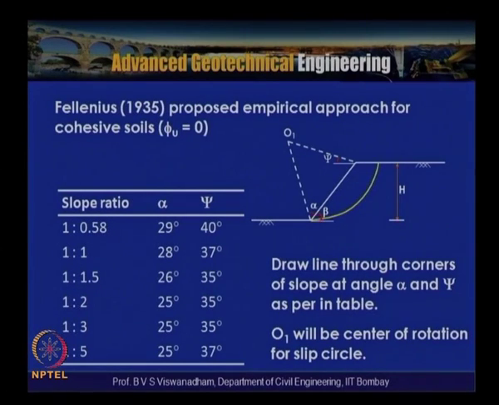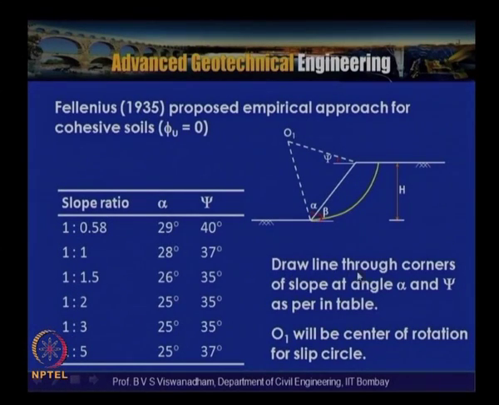Way back, Fellenius in 1935 proposed an empirical approach for cohesive soils, particularly for the undrained condition with phi u equal to 0, that is, soil with Cu, the undrained cohesion, and different slopes like 1:1, that is 1 vertical to 1.5 horizontal, or 1 vertical to 0.58, 1:2, 1:3 and 1:5, with angles alpha and psi, which are the direction angles. Here beta is the slope inclination.